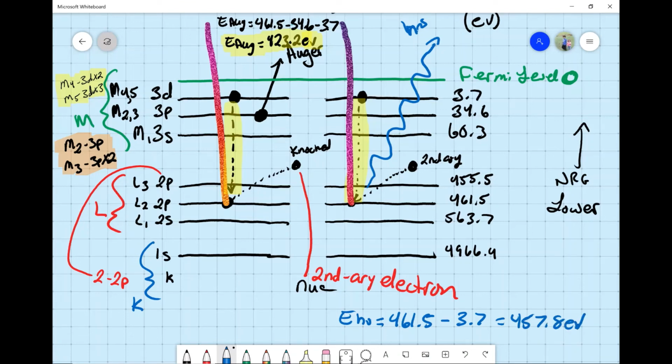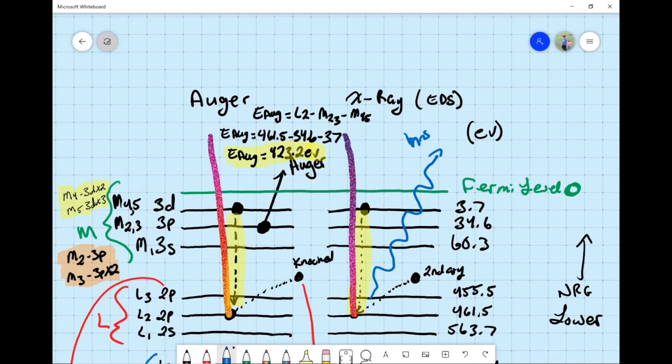eV. So two flavors of spectroscopy. One that takes advantage of the energy of an electron, one that takes advantage of the energy of a photon. This is EDS, and this would be AES, so Auger electron spectroscopy, and energy dispersive spectroscopy, sometimes called EDX, my pet peeve.